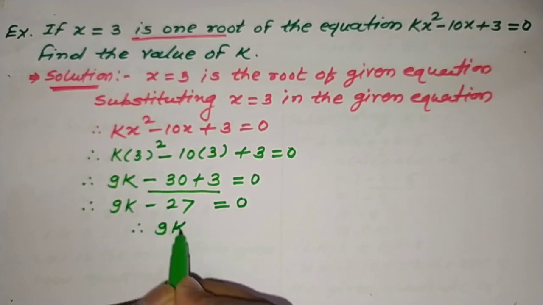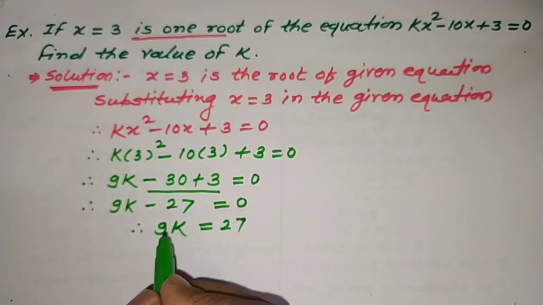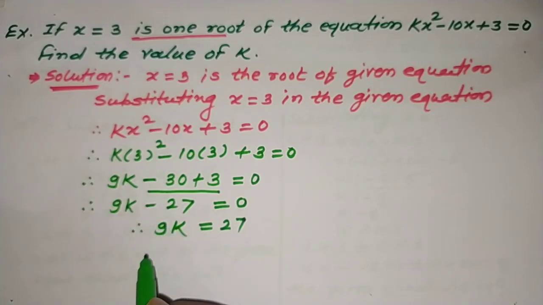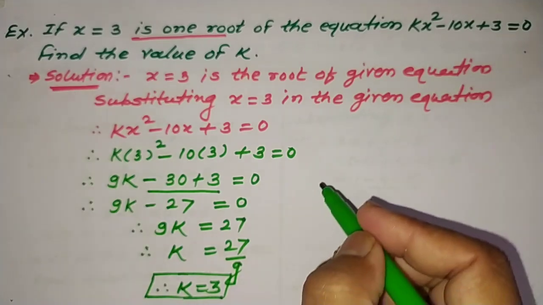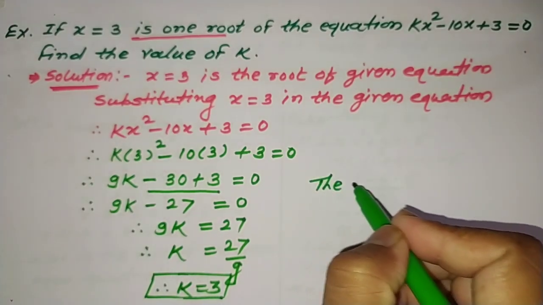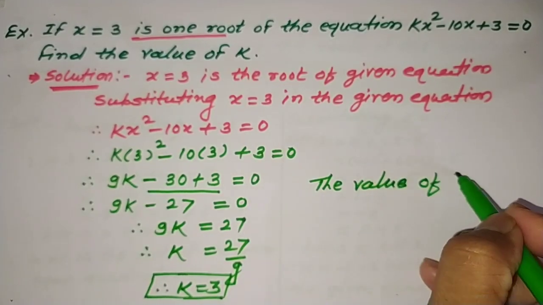Minus 27 goes to the right side. 9 is multiplied by k, so 9 goes to the right side to divide. Therefore k is equal to 27 divided by 9, 9 3s are 27. The value of k is 3.